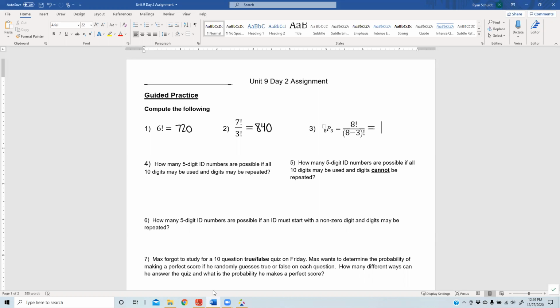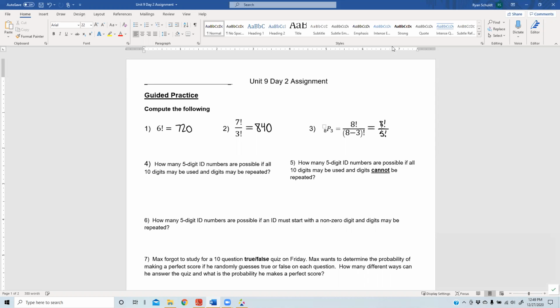Now, for number 3, there's tons of different ways you could do this one. You could type it in like it is: 8 factorial divided by, in parentheses, 8 minus 3 factorial. Or you could say, wait a minute, I know 8 minus 3 is 5. So this turns into 8 factorial divided by 5 factorial.